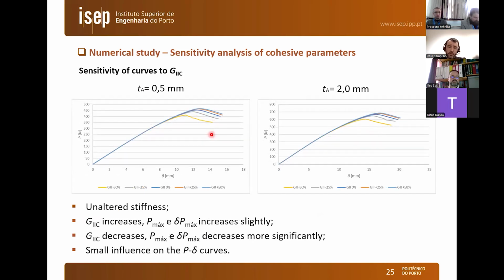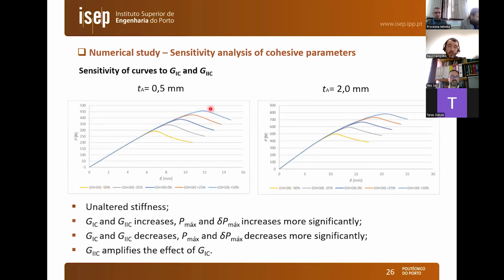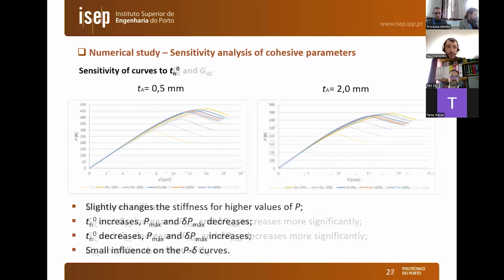By varying G2C, we also have a similar variation, but with less magnitude than when we vary G1C. By varying G1C and G2C simultaneously, we have the biggest variation because here we are summing the effects of G1C and G2C.